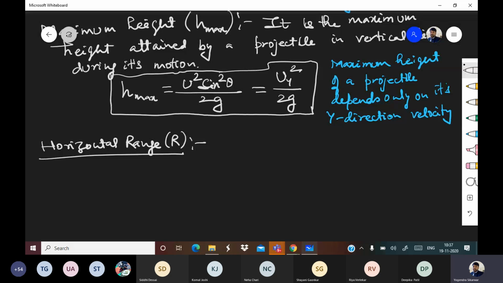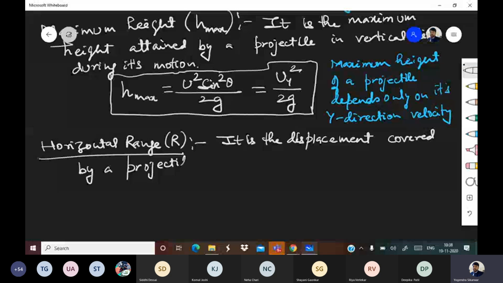It is the distance covered, or you can say the displacement covered by a projectile along the horizontal direction while it remains in air.